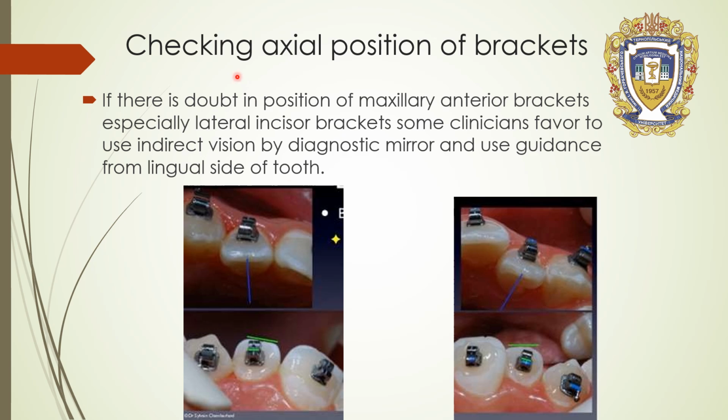If there is doubt in position of maxillary anterior brackets, especially lateral incisor brackets, some clinicians favor using indirect vision by diagnostic mirror and using guidance from the lingual side of the tooth.